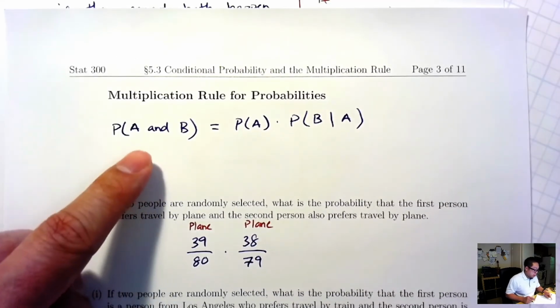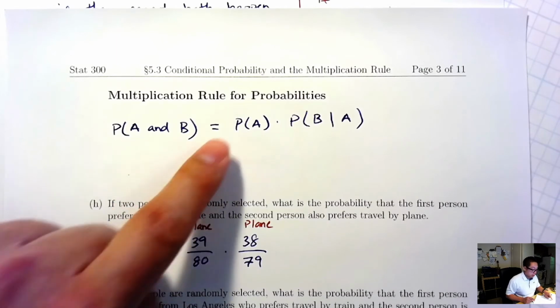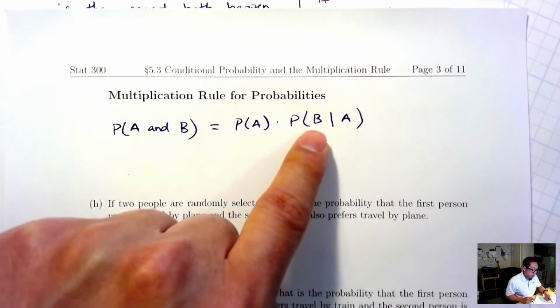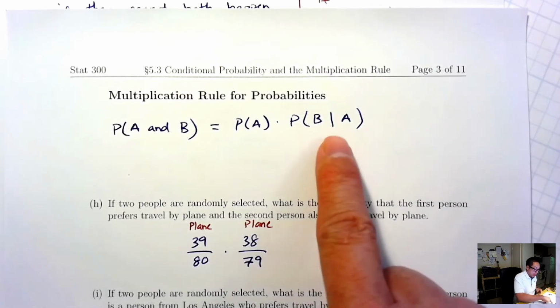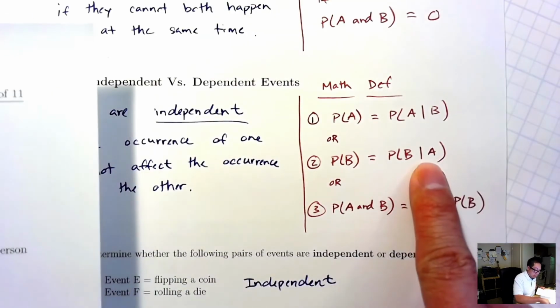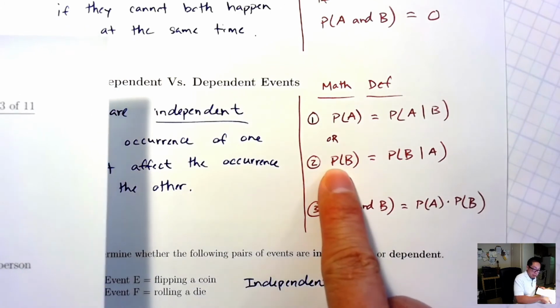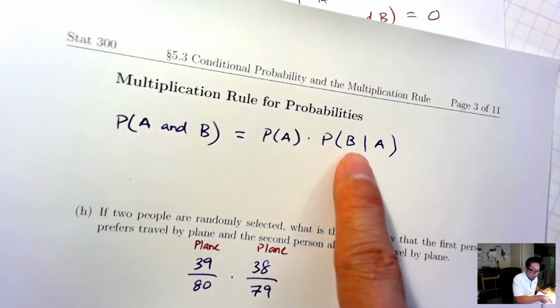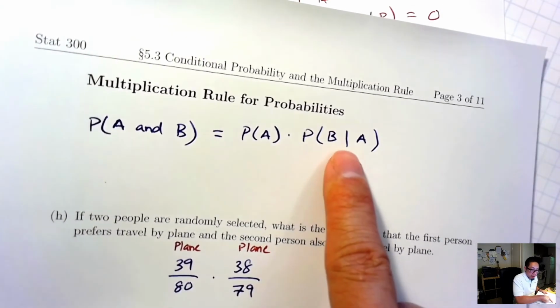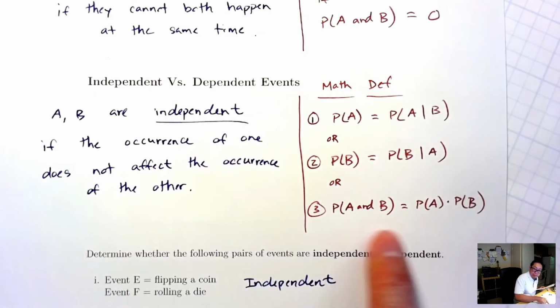So this is always true: probability of A and B is equal to probability of A times probability of B given A. If A and B are independent, then probability of B given A is going to be probability of B. So if you know that A and B are independent, you can replace this part with just regular probability of B, which gets you this.